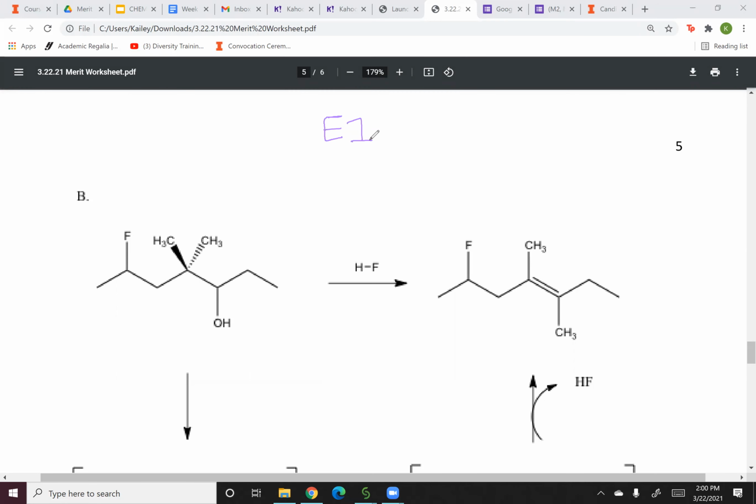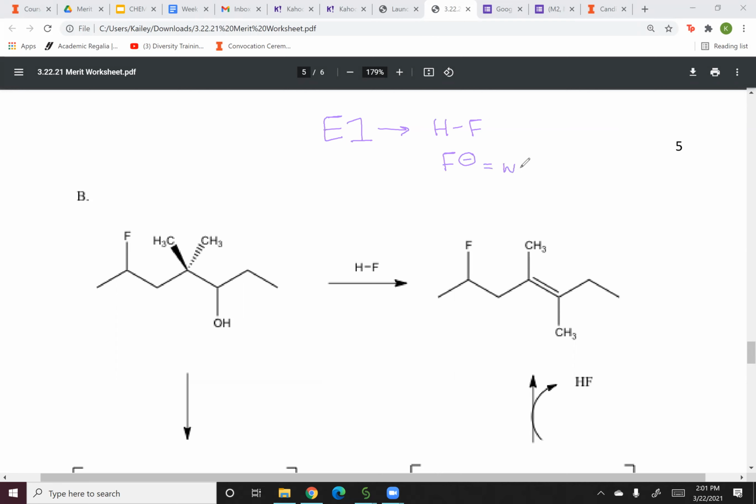Yeah, so that's definitely one reason why. So if we think about HF, a lot of times when we have an acid in solution, it's going to be used to activate an alcohol, which means that eventually we're going to generate this F minus.